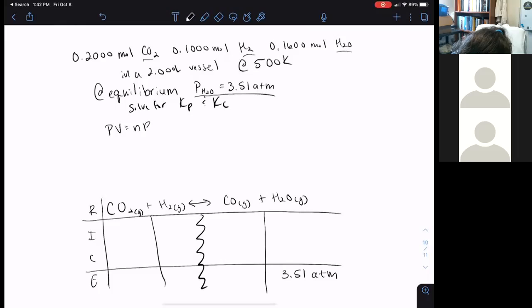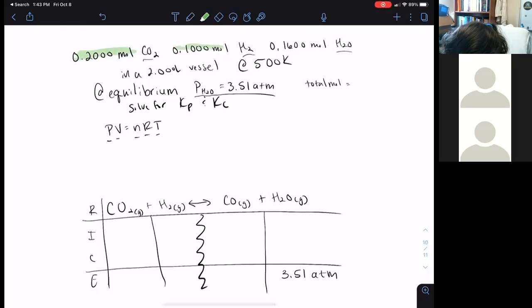So we've got PV equals nRT, right? We're going to solve for our total pressure. We are given volume. We're given our temperature. We can solve for our moles, and we know what our R value is. So we solve for our moles by adding these moles up together. So our total moles is going to be all the moles added up together.